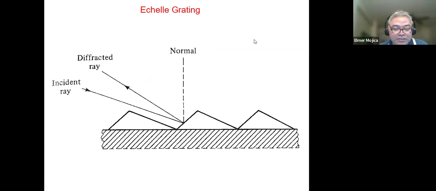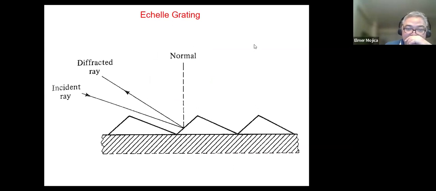And another thing that we have, another specialized grating, is the echelle grating. These are specialized diffraction gratings designed to achieve high spectral dispersion over a wide wavelength range. They usually consist of two sets of rulings, a primary grating with closely spaced grooves and a secondary grating with coarser grooves crossed at different angles.